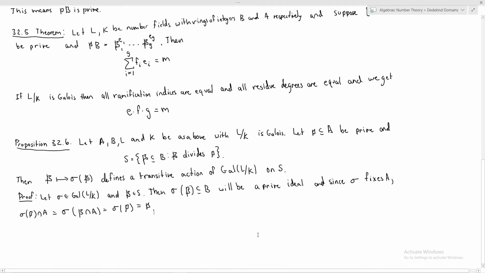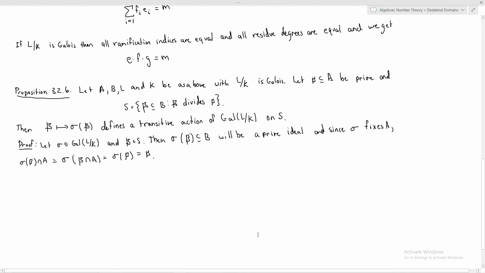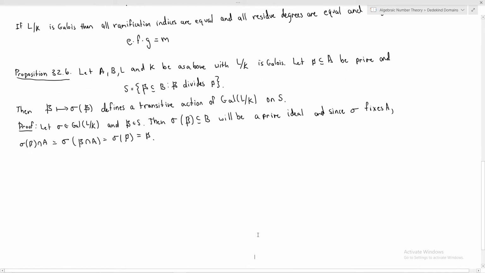Yeah, I guess maybe I also need that sigma is injective in order to make this statement. Okay, regardless, this gives a well-defined action of the Galois group on S.